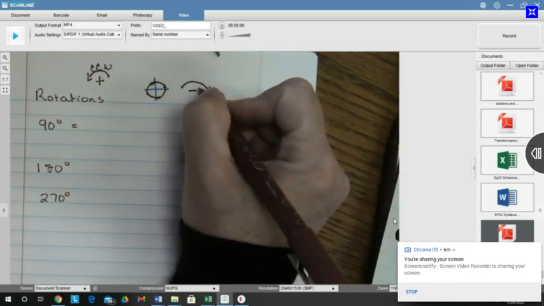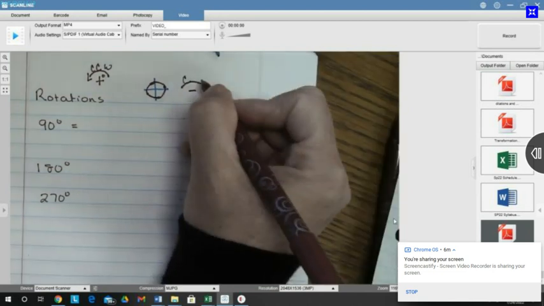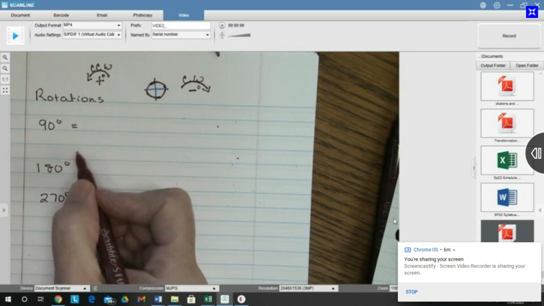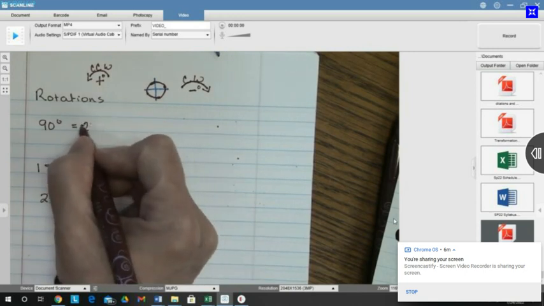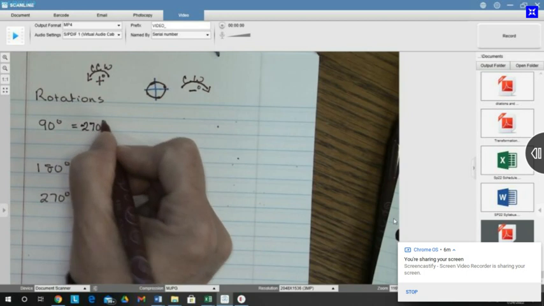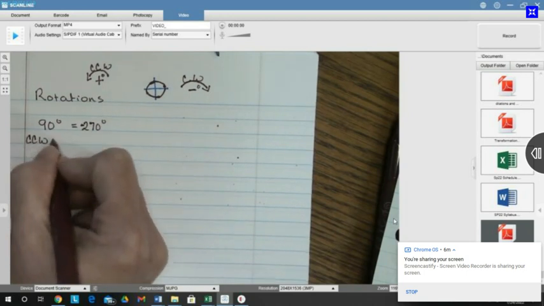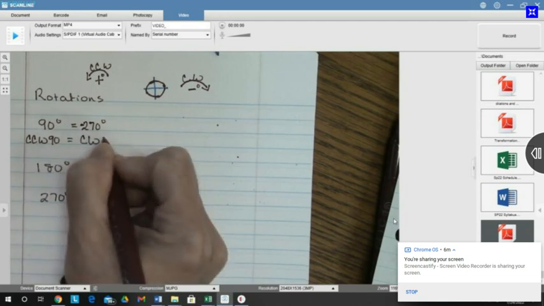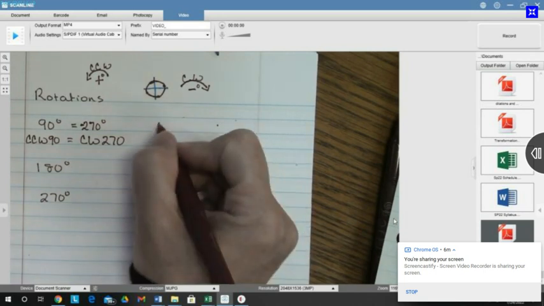That's a negative degree. Positive degree is counterclockwise. Clockwise is a negative degree. Now, 90 degrees is the exact same thing as negative 270 degrees. So counterclockwise 90 equals clockwise 270.